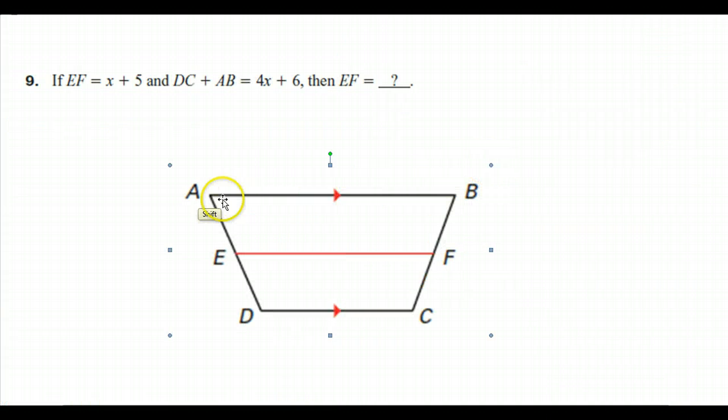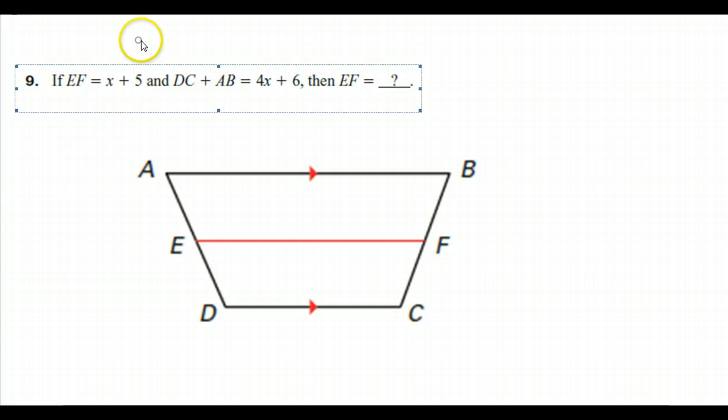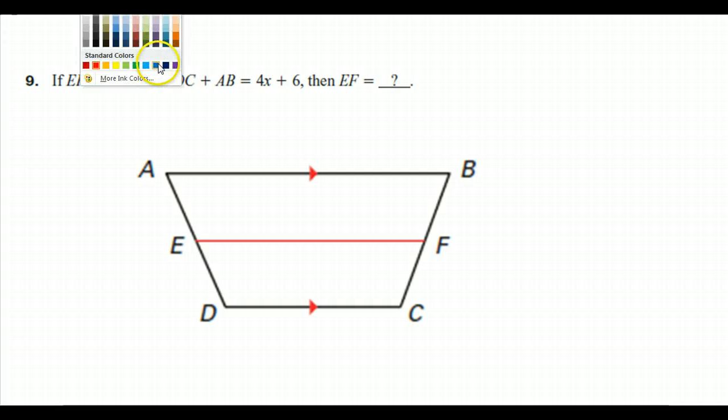Alright, let's take a close look at number 9. So we have EF is x plus 5.